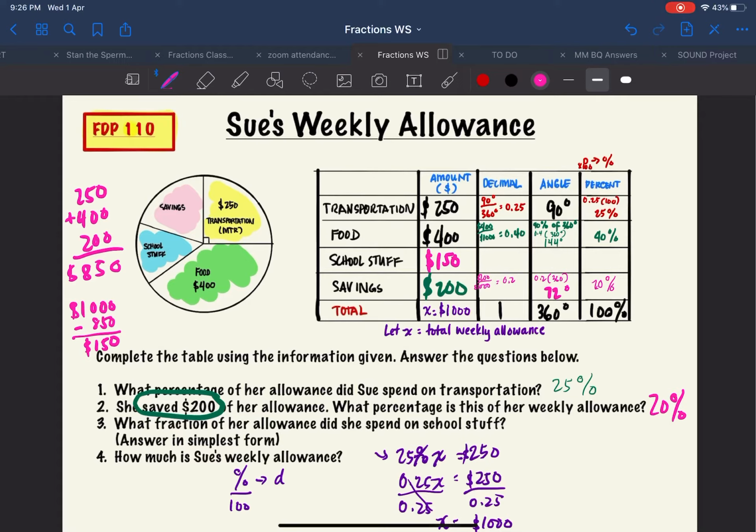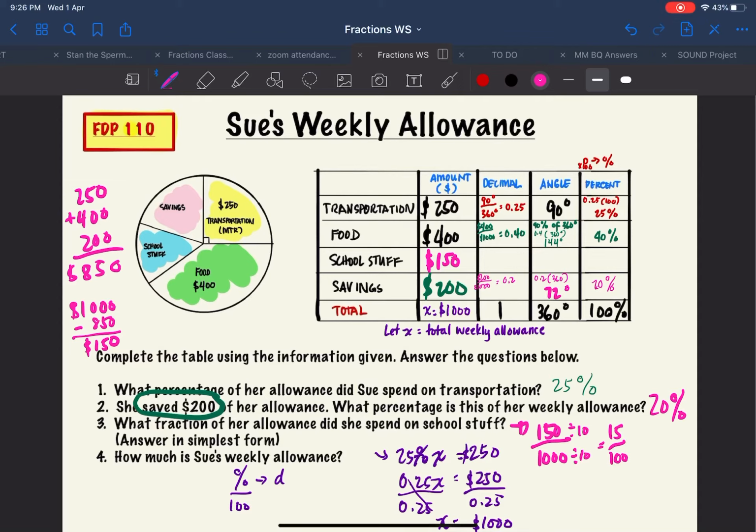What is the fraction? Okay, so the fraction of her school stuff would be 150 over 1,000. Now, both of them end in 0. That means both of them are divisible by 10. So you have 15 over 100.